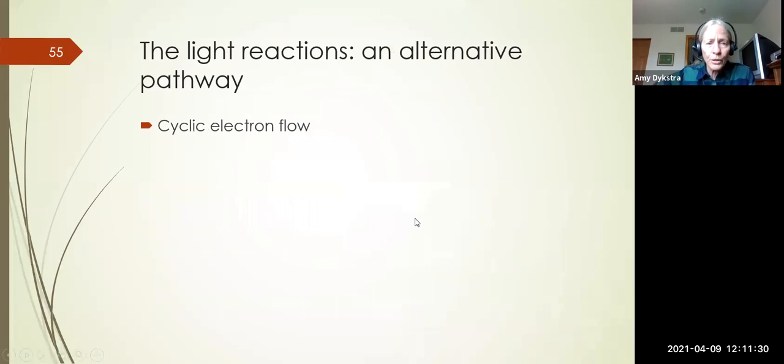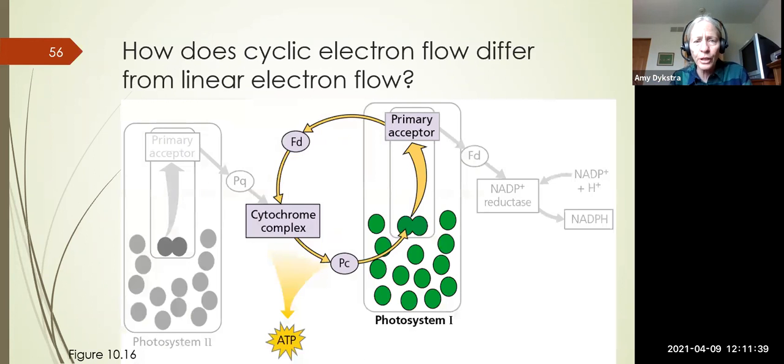So let's look at cyclic electron flow. I'm going to ask you guys to tell me how this electron flow differs from the linear electron flow that we've looked at.